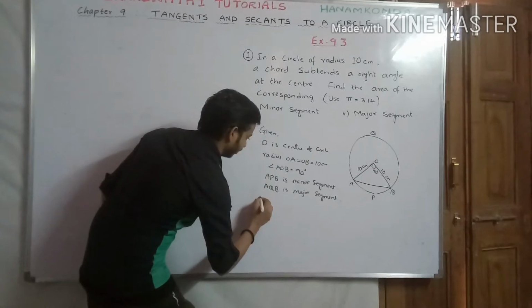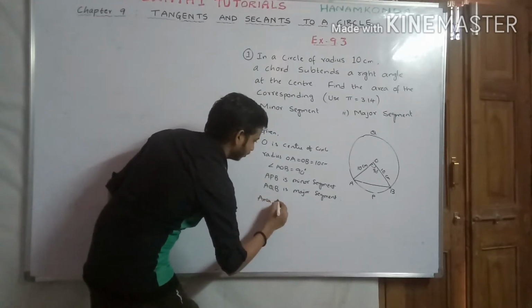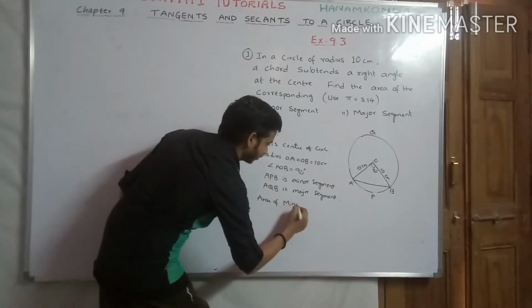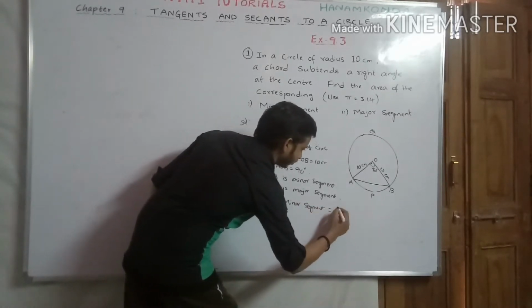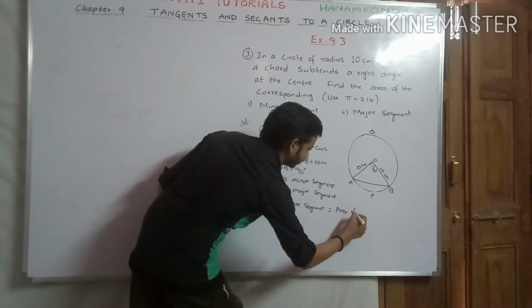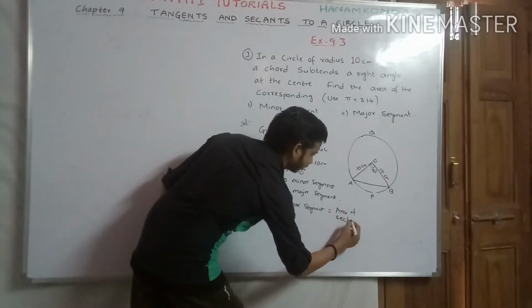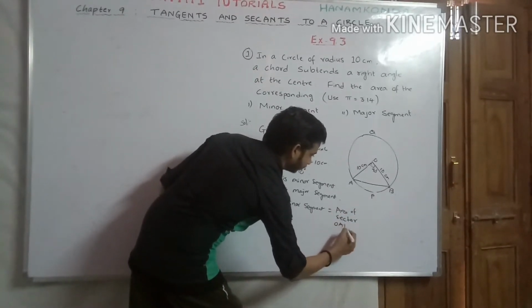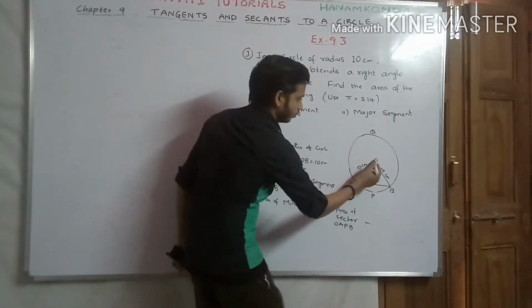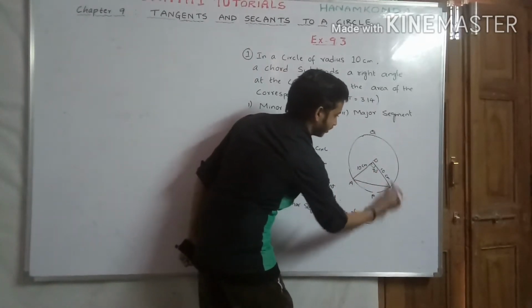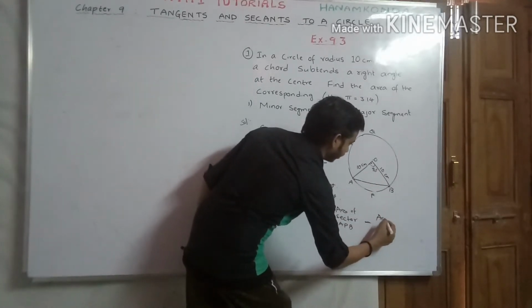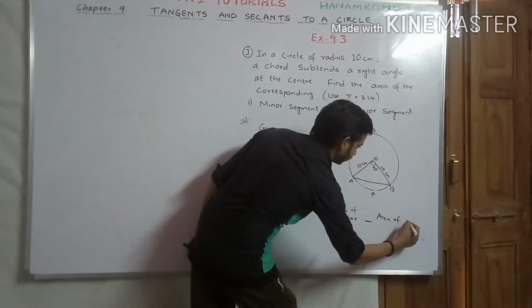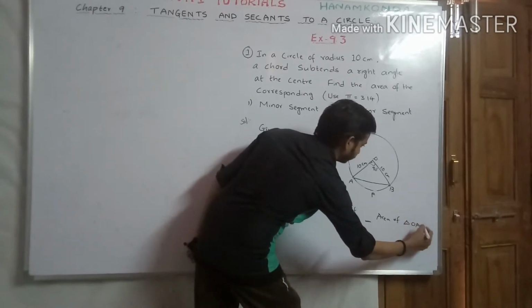So the area of the minor segment equals the area of sector OAPB minus the area of triangle OAB.